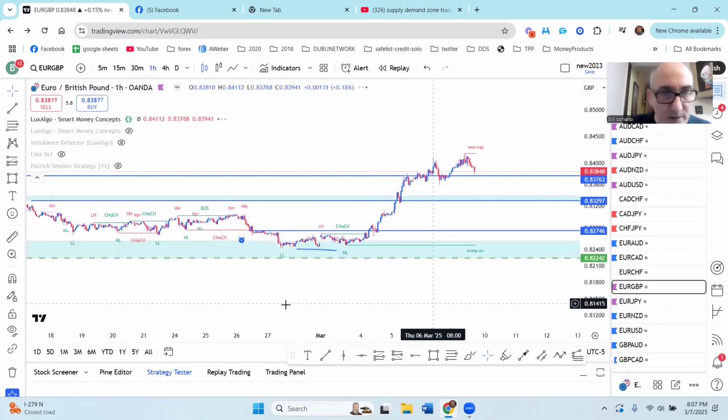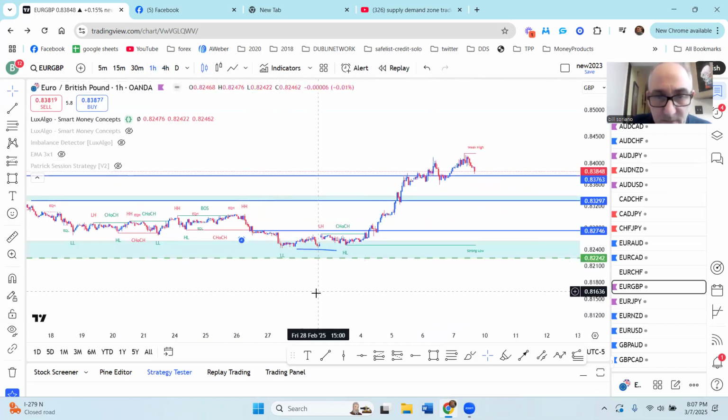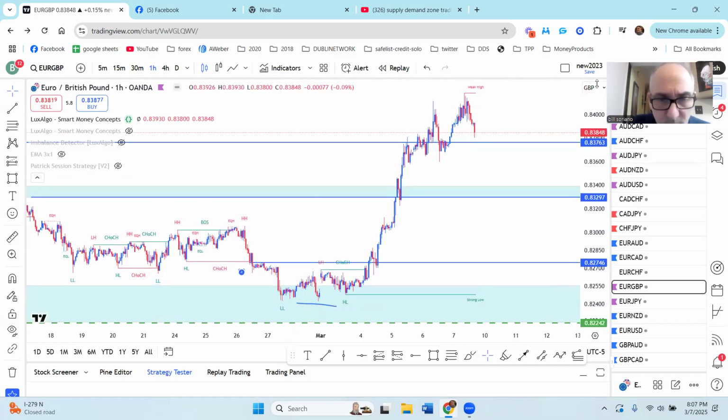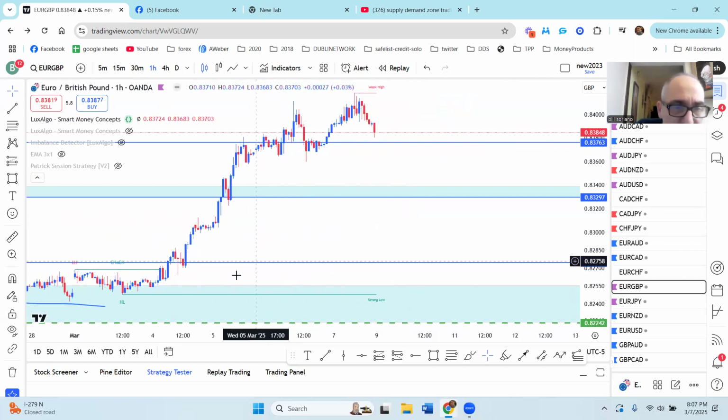We drop down to the 1-hour time frame, right? Right here. And price comes up to here, kind of takes out this swing low, swing high area right here. And then this wick comes right back. Okay.